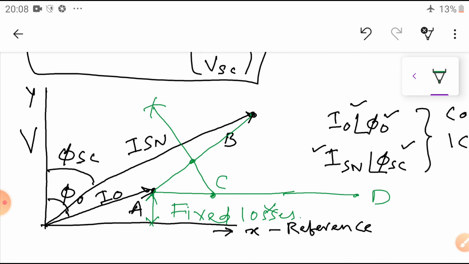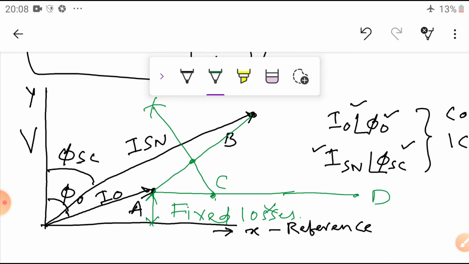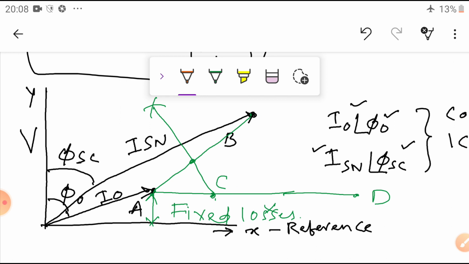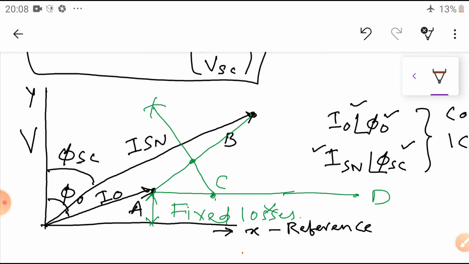Take AC as the radius and draw the semicircle. Now you draw the one semicircle.